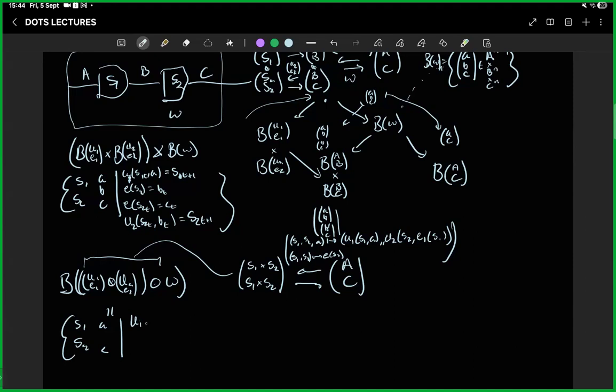Such that U1 of S1 at T, AT is equal to S1 at T plus 1, and U2 of S2, and now here we have E1 of S1 of T equals S2 T plus 1, and then also E2 of C equals E2 of S2T.